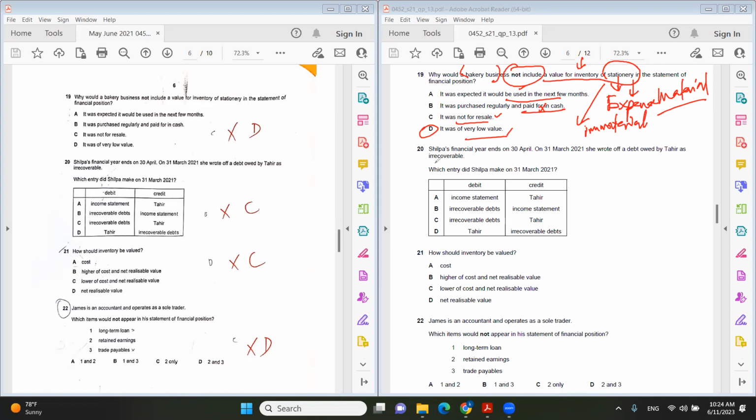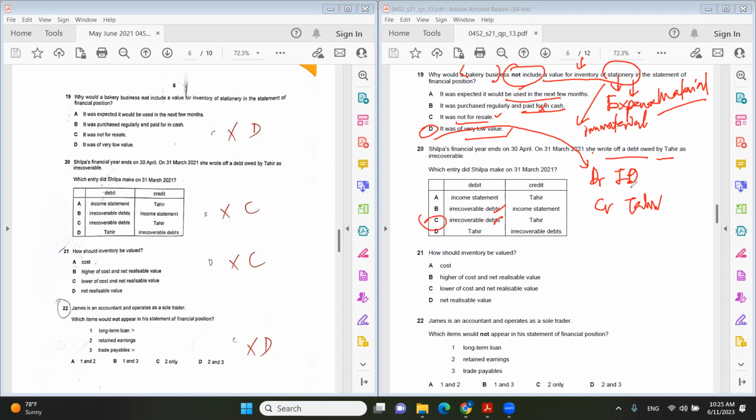Next, Shipa's financial year ends on 30th April. On 31st March 2021, she wrote off a debt owed by Tahir. That means the double entry is debit irrecoverable debt and credit Tahir. So this is an irrecoverable debt: debit irrecoverable debt and credit the receivable.